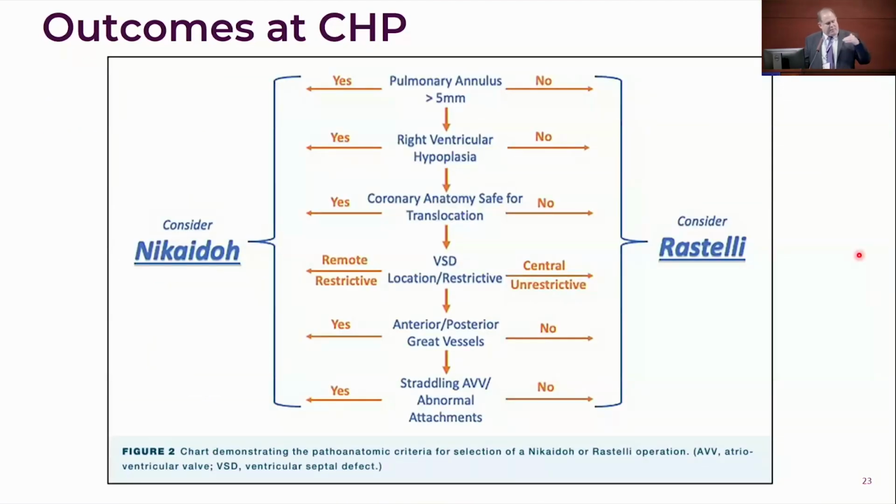I think this paper is basically a reflection of the maturity of Dr. Morell Carril, if you ask me, because basically he's saying that if the pulmonary annulus is more than 5 millimeters, you have space to do an echo to avoid right ventricular hypoplasia.